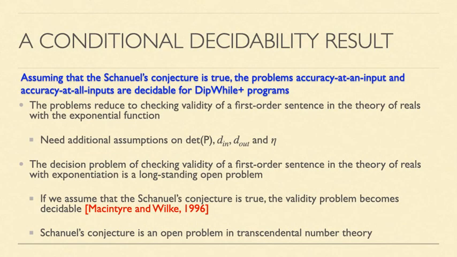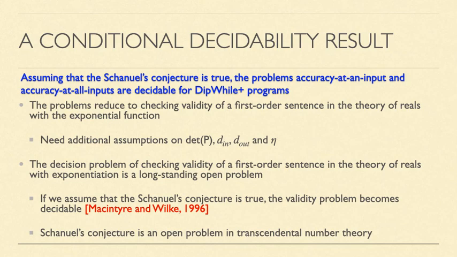Our first result is that both the decision problems for accuracy at an input and accuracy at all inputs are decidable for DiffPlus programs, assuming that Schanuel's conjecture is true.